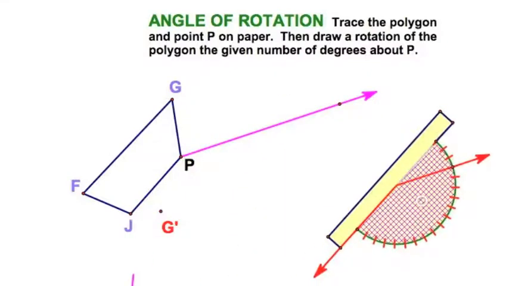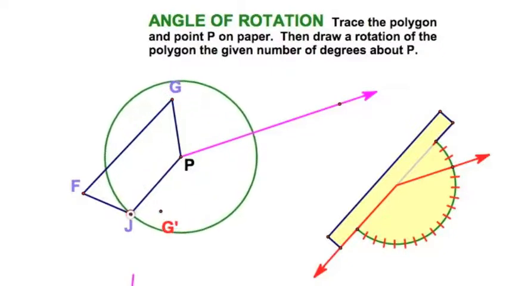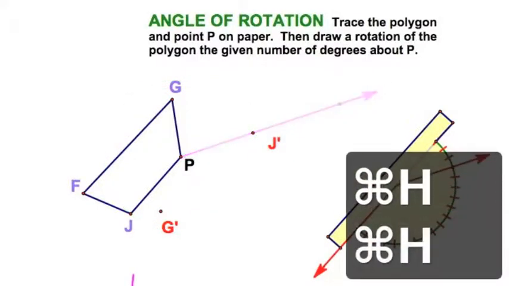Moving the protractor out of the way, I'll take my compass from P, passing through J. When I swing the compass over here, I get a congruent segment, and that's going to be J prime. Okay, let's hide those construction marks.